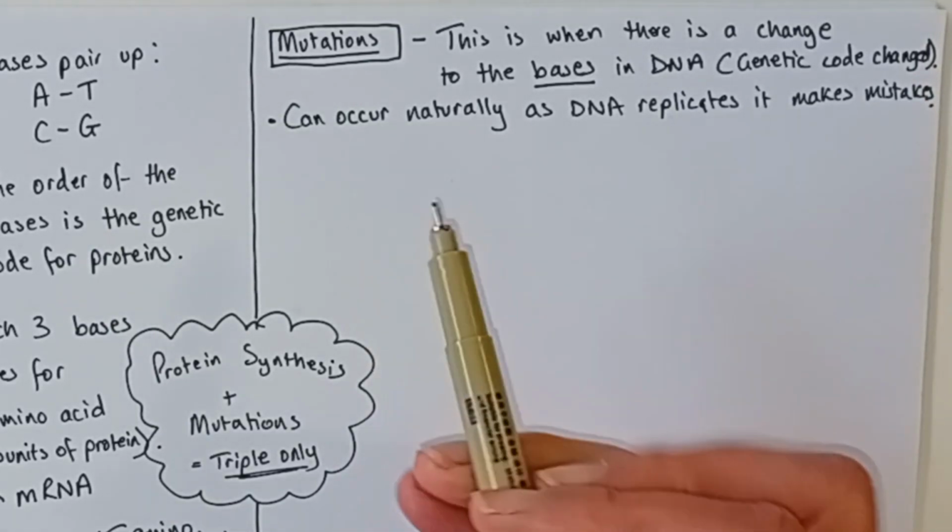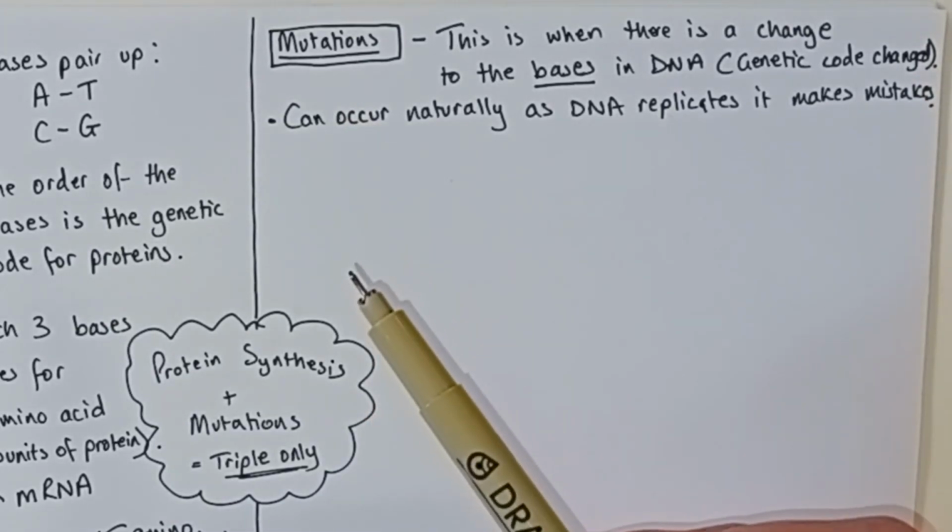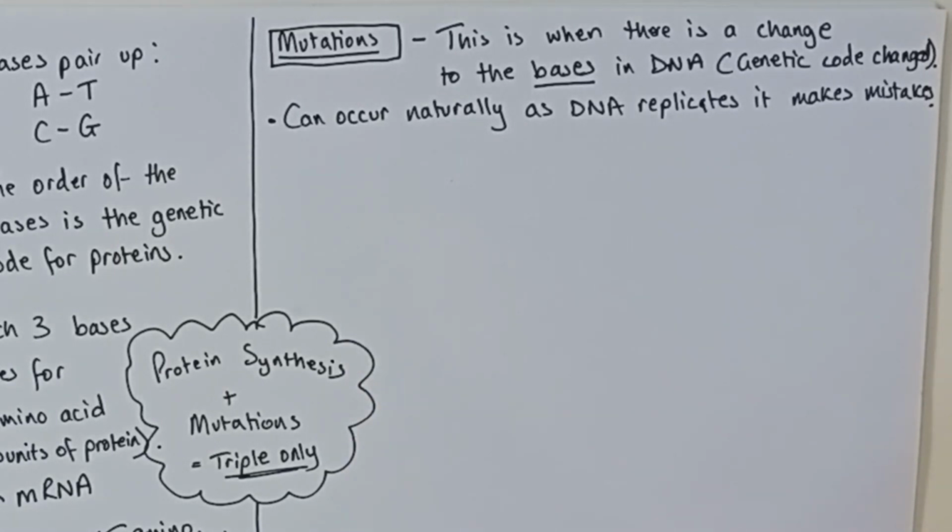But we can increase our risk of mutations, or the chance of getting mutations, by exposure to certain chemicals and radiation. We call them mutagens or carcinogens, and the reason for that is that the mutations often give rise to cancer.